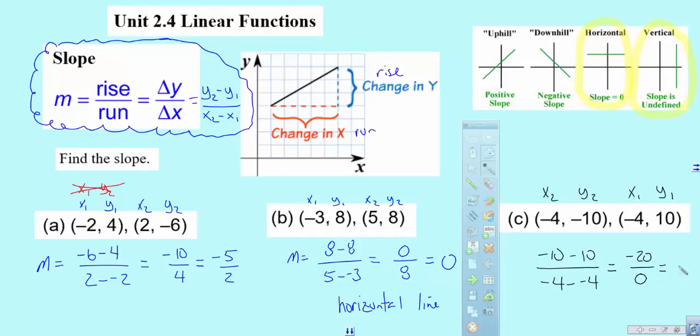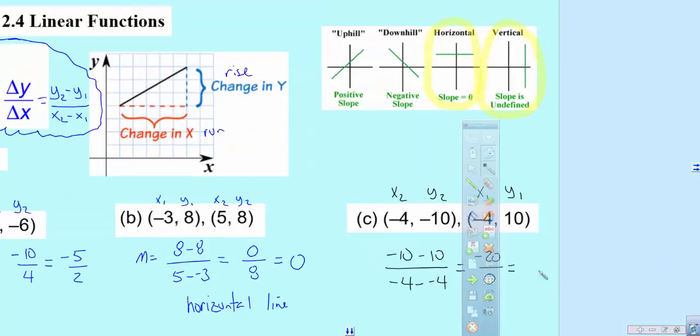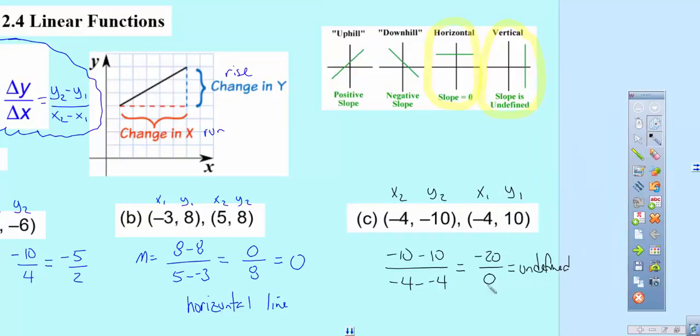And so that is undefined, because you cannot divide a number by 0. When you divide something by 0, it is undefined, and in this case this is a vertical line. Alright, so those are our 3 different types of slope, and we'll stop the video at that spot.